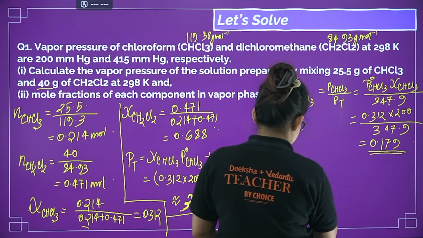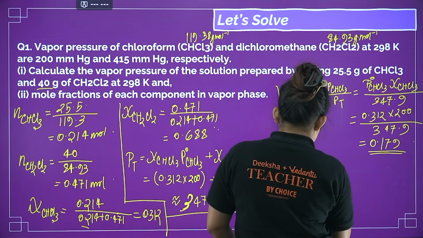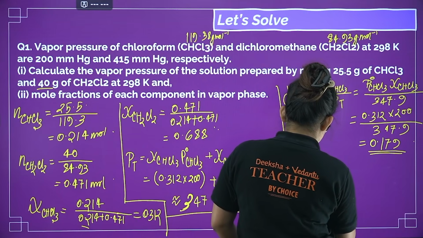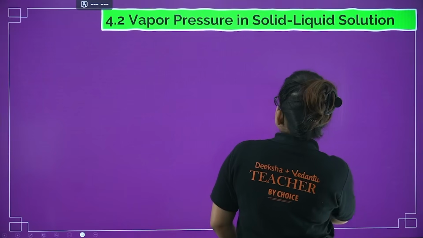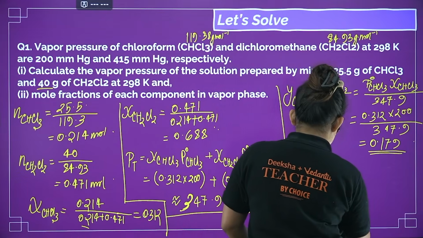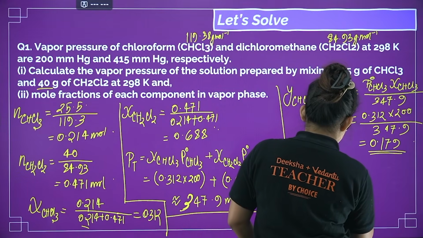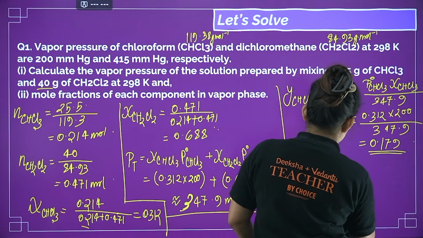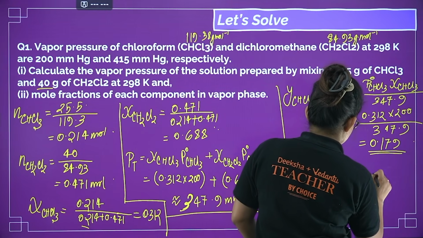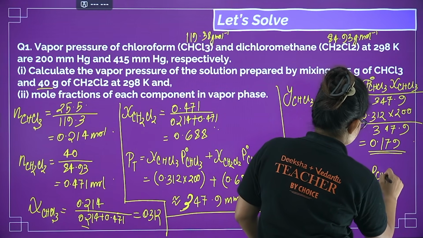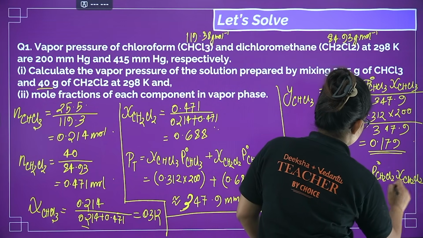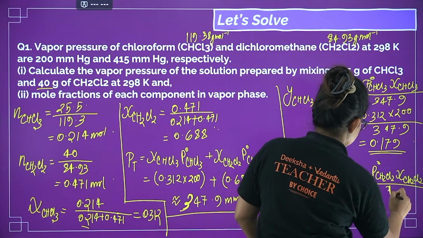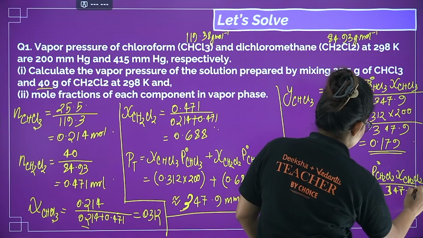And next, if you proceed with the CH2Cl2, dichloromethane, sorry, that's going to be pressure of CH2Cl2 again divided by total pressure, that is P0 of CH2Cl2 into mole fraction of CH2Cl2 divided by total pressure, that is 347.9.